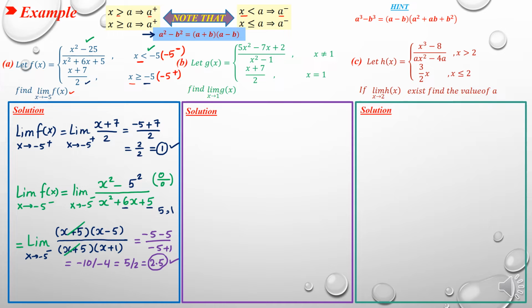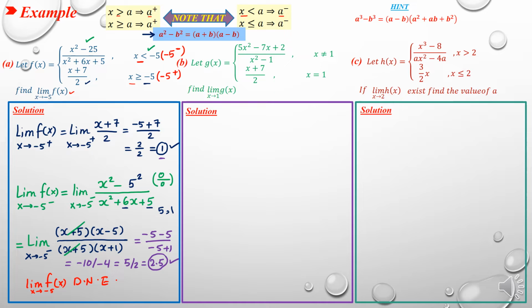So the limit of the function when x goes to negative 5 from left is 2.5, and it equals 1 when x goes to negative 5 from right. So we have different limits around x equals negative 5, which means that the limit of f of x when x goes to negative 5 does not exist.